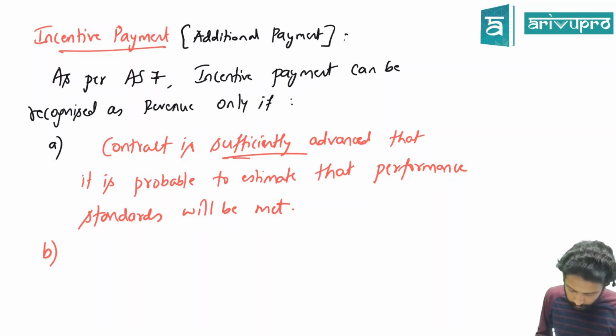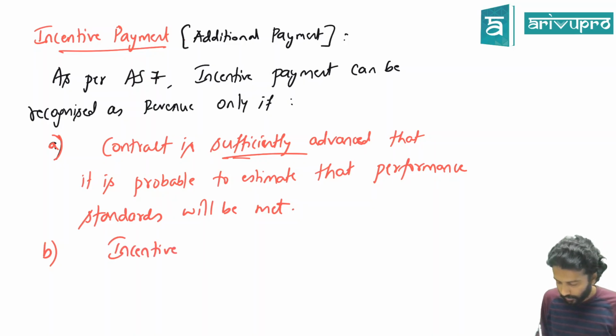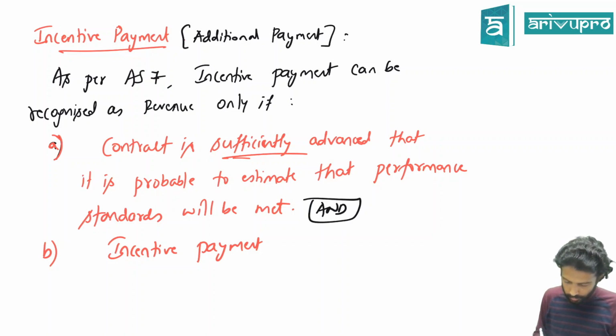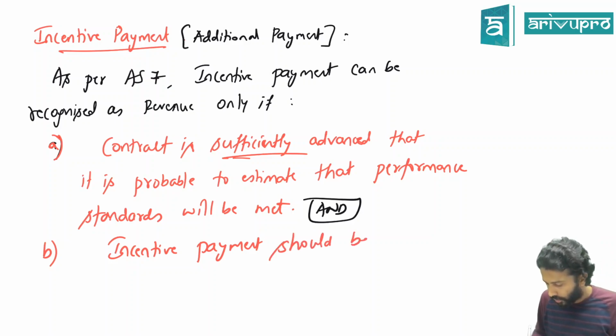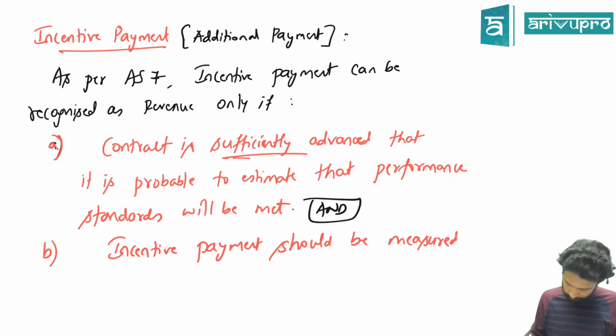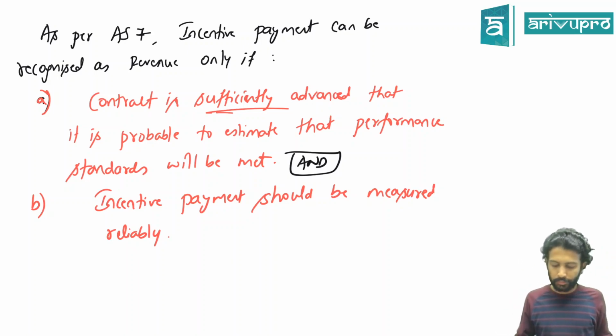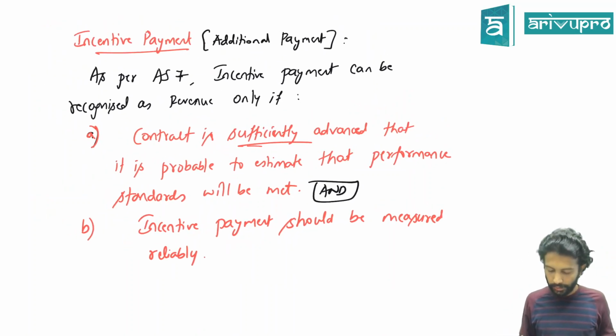This is A. B. Incentive payment should be measured reliably. Okay, if these two conditions are satisfied, then you can recognize incentive payment.